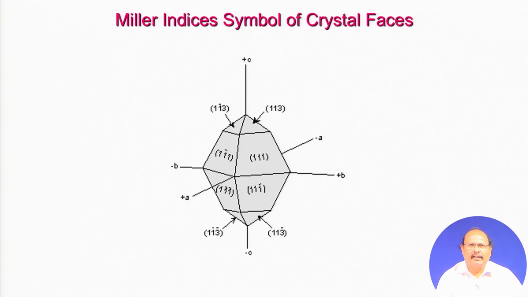Now, this is an example of the Miller index symbols of crystal phases. You see these are the 3 crystallographic axes A, B and C, and the Miller index symbols of different phases have been given: 111, 113 and say 1 bar 13. So, this was the P phase.